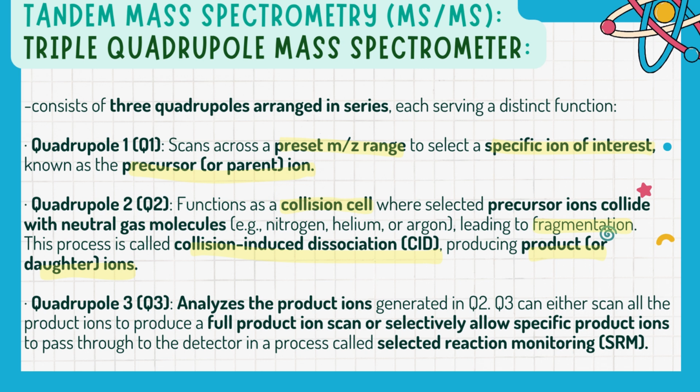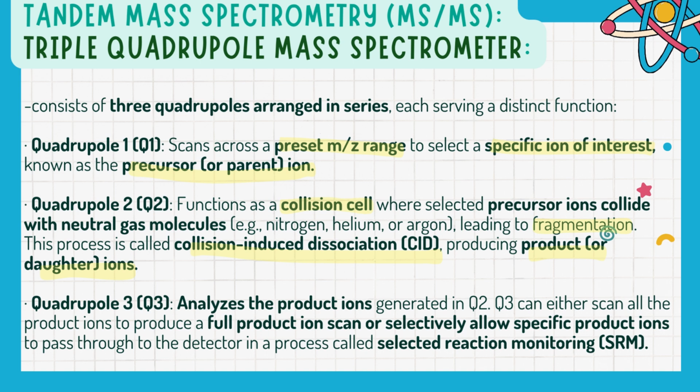It has three, triple of course, three quadrupoles arranged in series, and each quadrupole has a distinct function. Q1, or quadrupole one, is responsible for scanning the preset mass to charge range so that the specific ion of interest, the precursor ion or parent ion, can be selected.